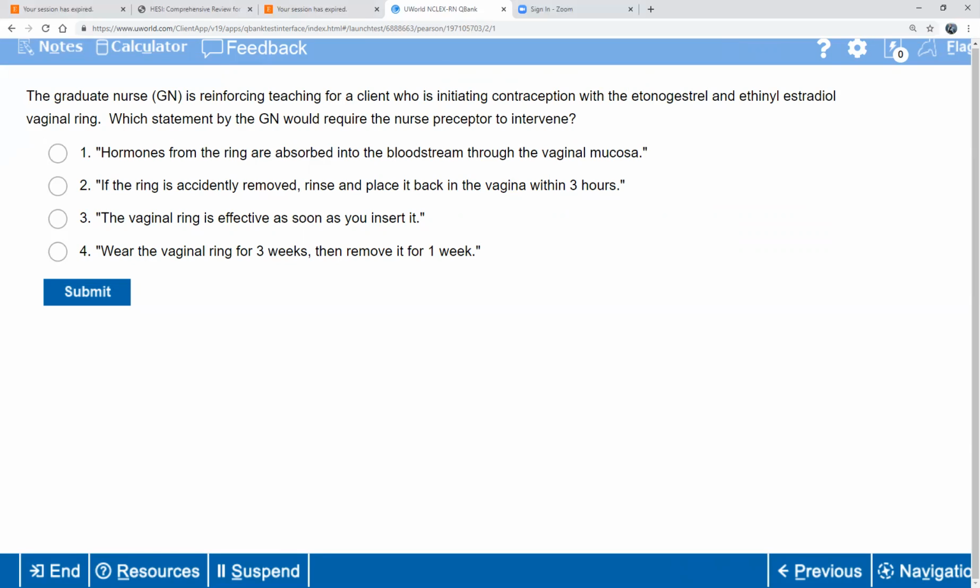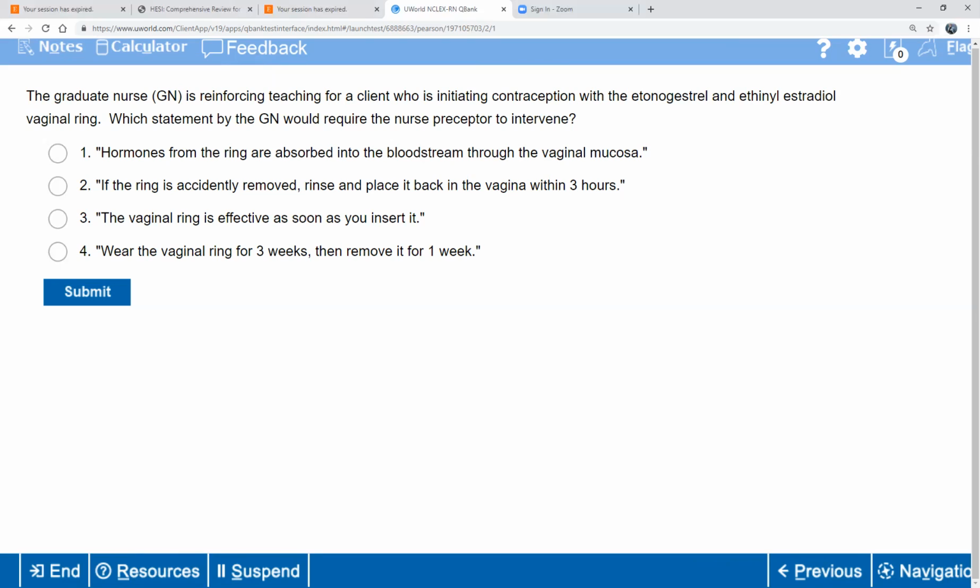So, which statement will require the preceptor to intervene? So I'll say 1 is correct. I would say 4.